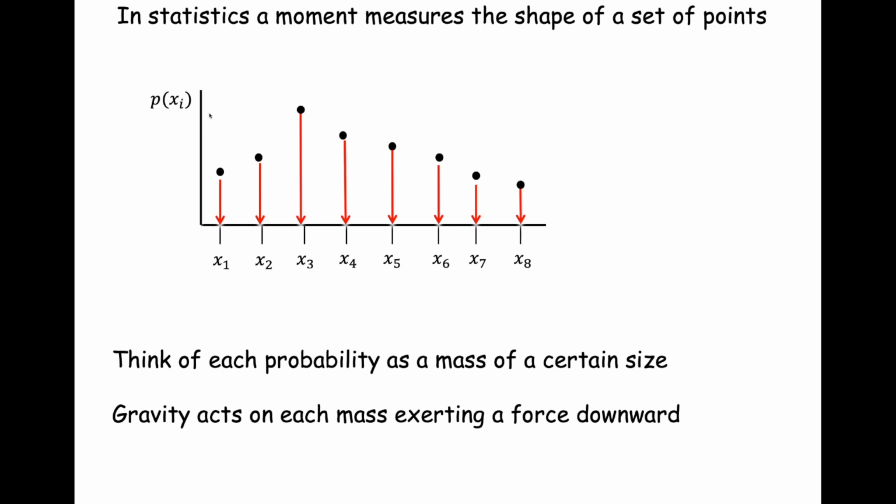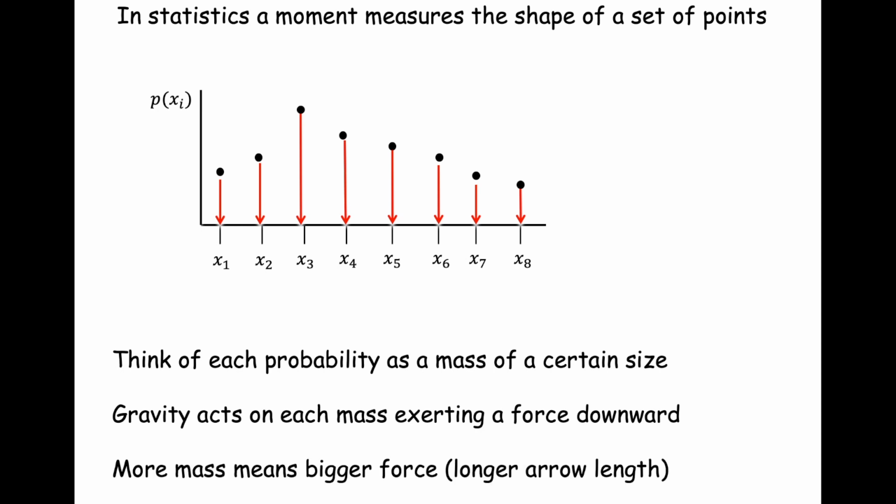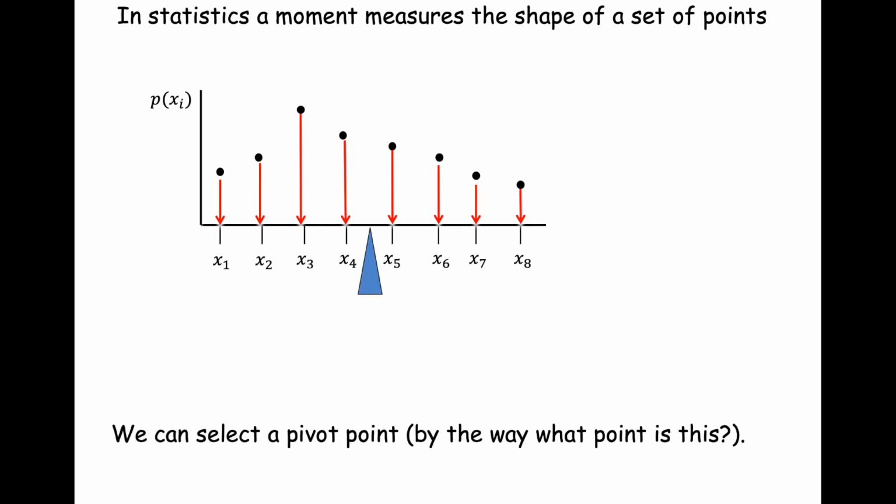So you think of a probability as a mass, and as masses, gravity acts on them with a force, and that's the weight that you experience. Okay, so more mass means bigger force, and we draw that in as depicted with a longer arrow.